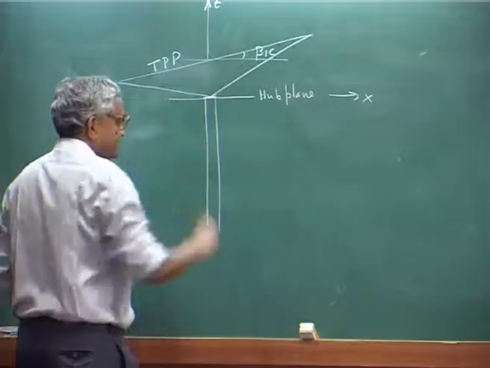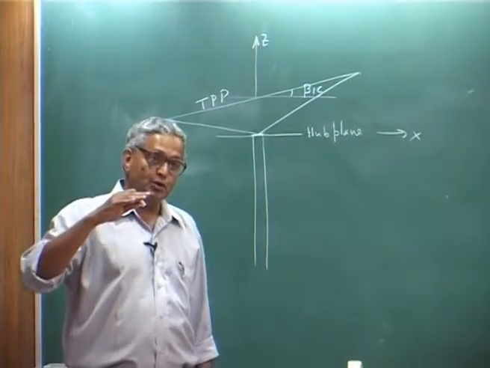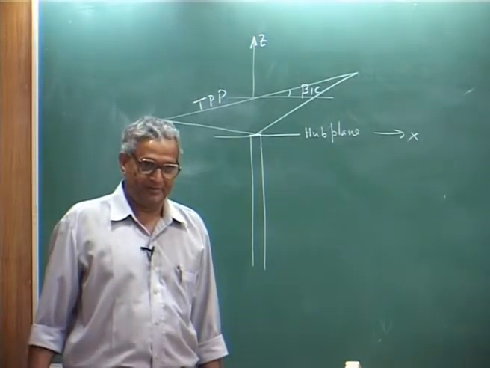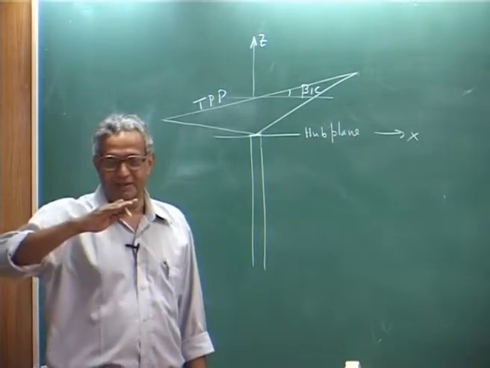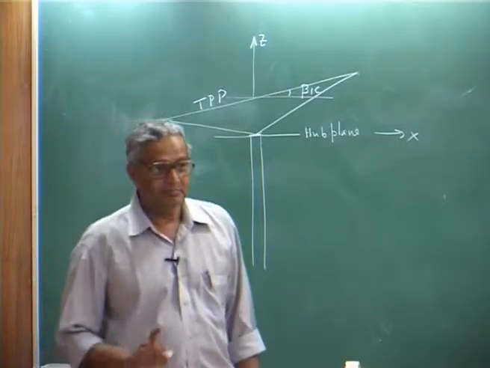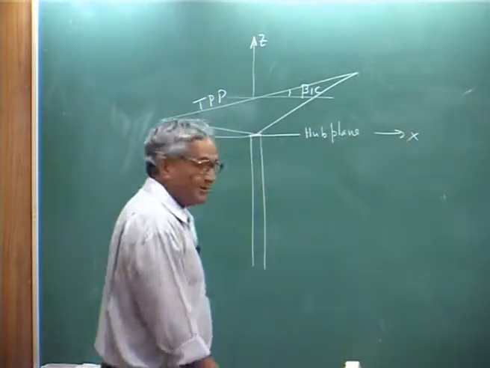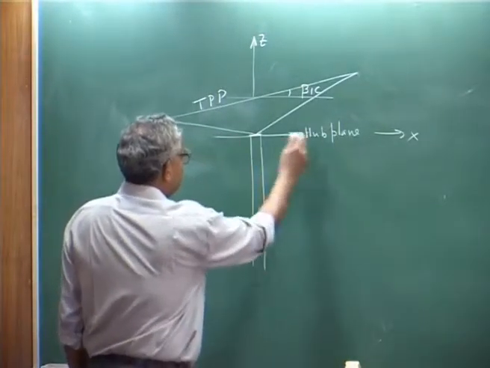Tip path plane is this, but we also defined the no feathering plane. No feathering plane is a plane in which there is no change in the pitch angle. If that is theta 1s, now look at it, because the plane is like this.